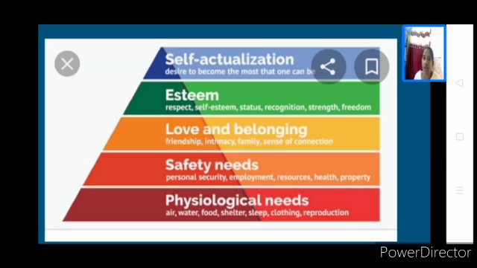Apart from that, sleep, air, water, everything comes under it. So these are the physiological needs of a human being. Unless these needs are satisfied, generally he will not move towards the next type of need, called safety needs.